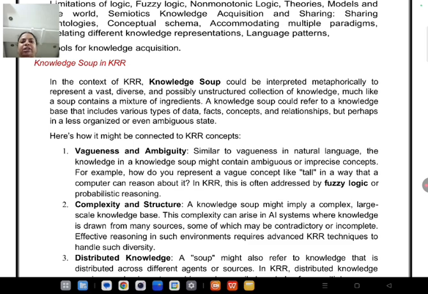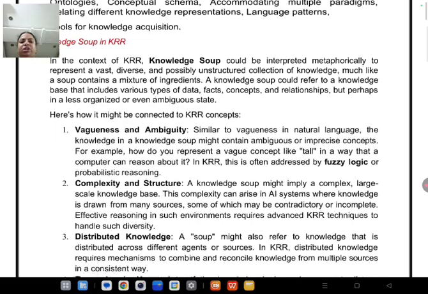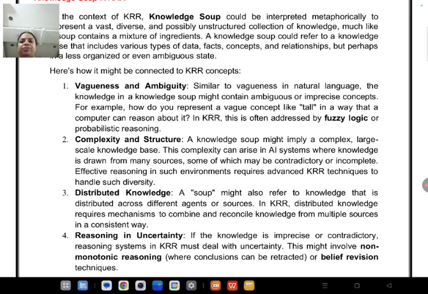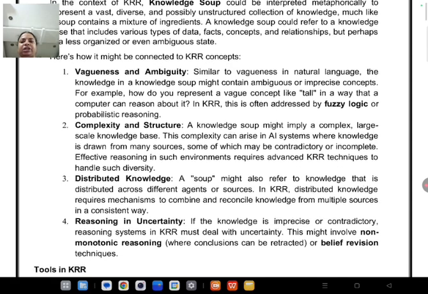While discussing knowledge soup, we need to check with different types of concepts. The first is vagueness and ambiguity. Whenever we are taking a particular statement, the statement has to be clear, without vagueness. For removing vagueness, we can use fuzzy logic in this case.